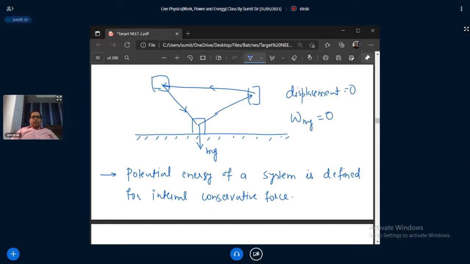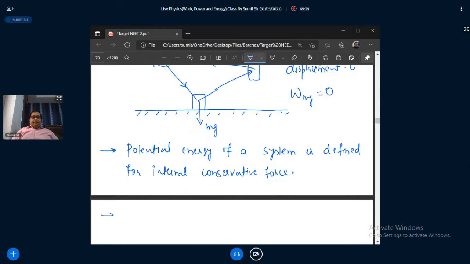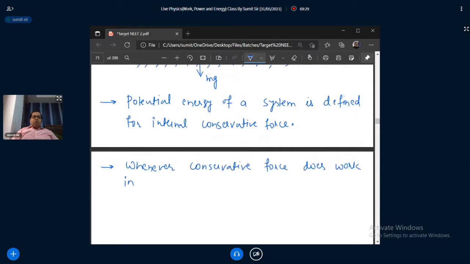Whenever conservative force does work, potential energy of the system changes.